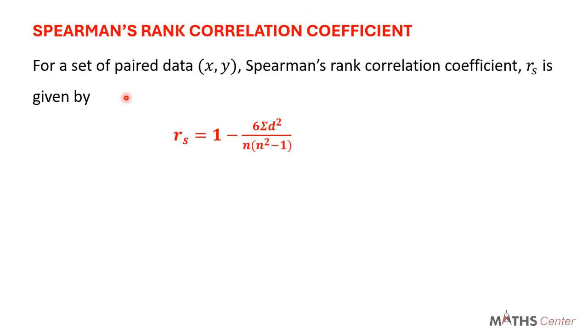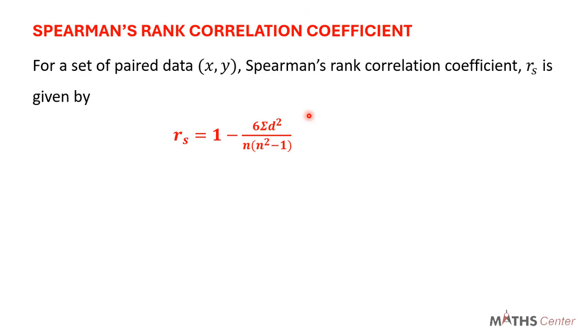If you have a set of paired data, so you have a data set that has 2 sets of points, one called x and the other called y, then you can find the Spearman's rank correlation coefficient, which is represented by Rs and is given by the formula 1 minus 6 sigma d squared divided by n into bracket n squared minus 1.